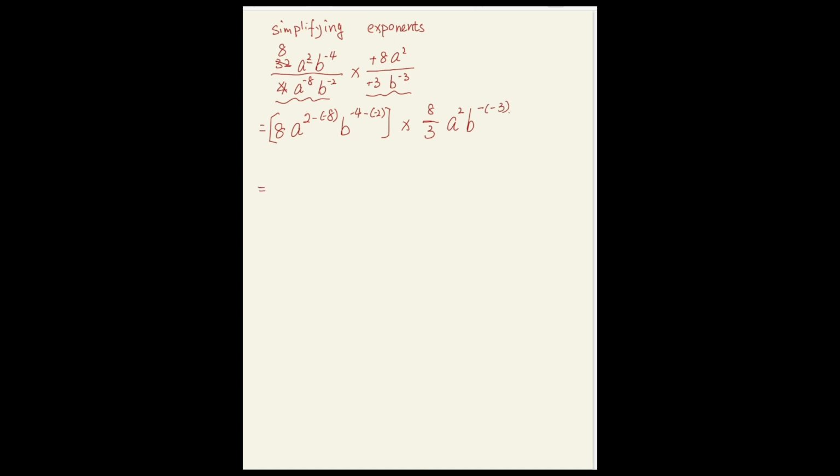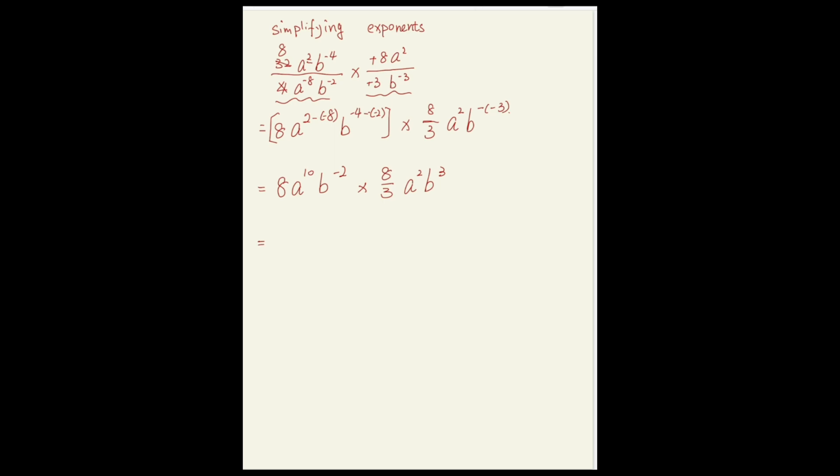Then 2 subtract negative 8 is 10, and for b, negative 4 subtract negative 2 is negative 2, and times 8/3, a squared, and b to the power of negative 3.